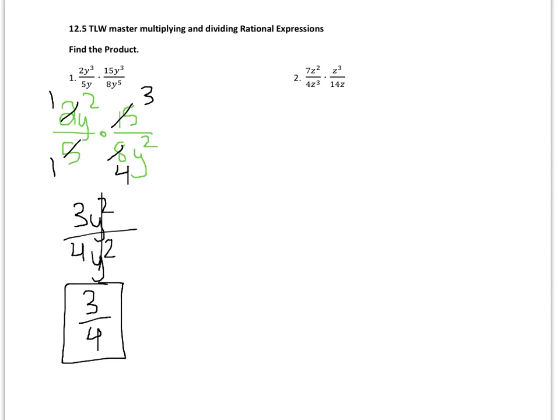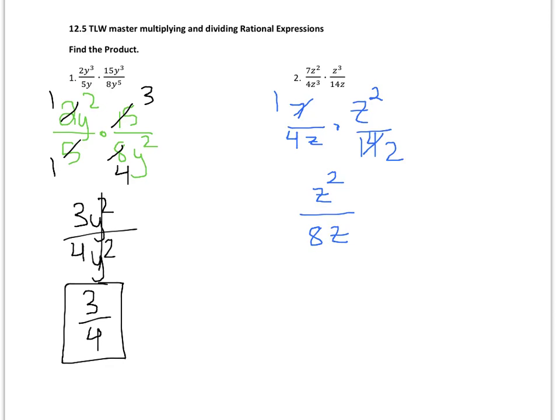So hopefully you did. If I look at the first one, the numbers still stay the same. I have 7, 4, z, because z squared divided by z to the third is z on the bottom, times, well, z squared on top, 14 on the bottom. Well, if I go to simplify now, I get 1, 2, so I get z squared on top, 8z on the bottom.